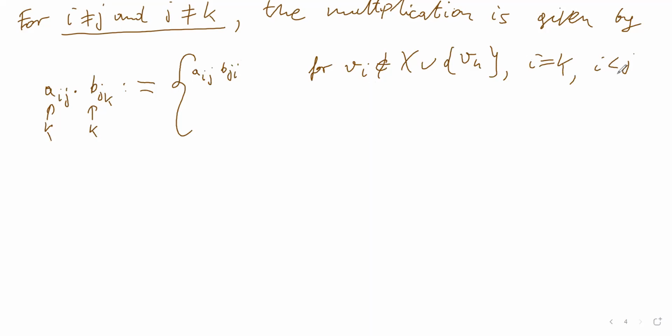So it's Aij Bji, but these are just numbers which are multiplied, but then I multiply it by this second generator. This special generator X is a non-trivial idempotent in my ring, in my algebra K2. So this is what I obtained over here, and otherwise this is just multiplication of numbers. So Aij times Bjk otherwise.